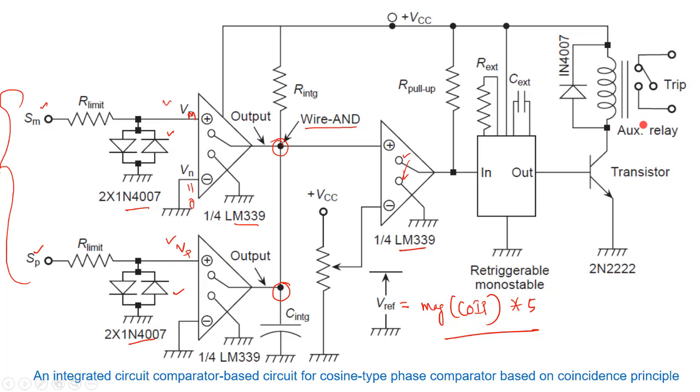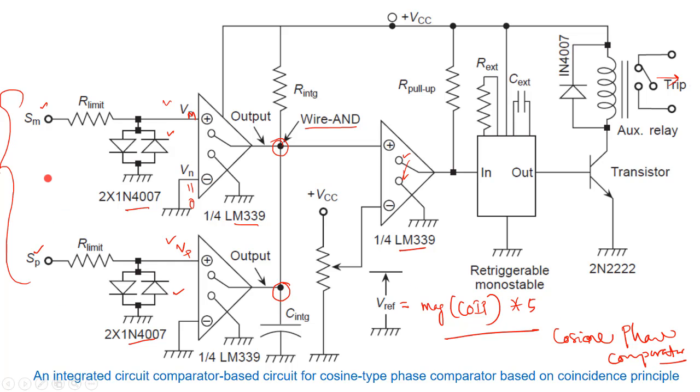Finally, we will get the trip signal through this. This is your transistor through which the monostable output is passed to the trip circuit. So, this is how this circuit works. This is the implementation of the cosine phase comparator, right.